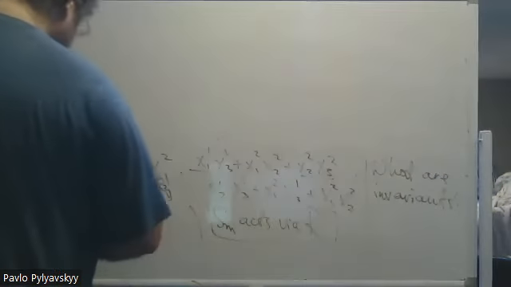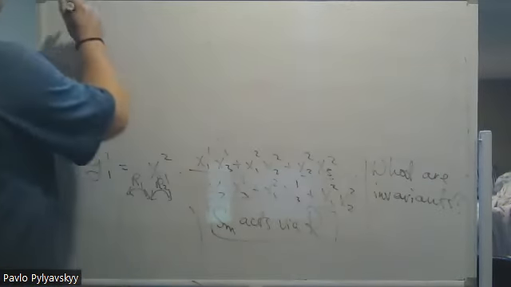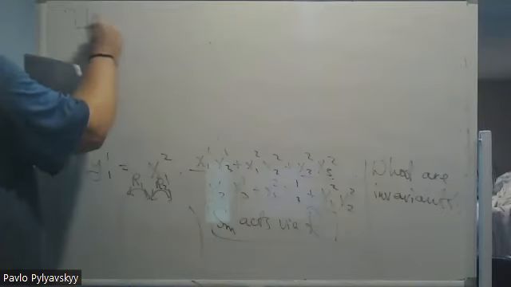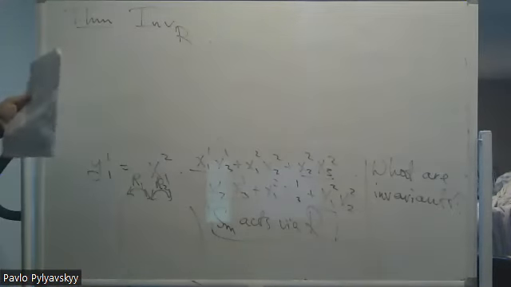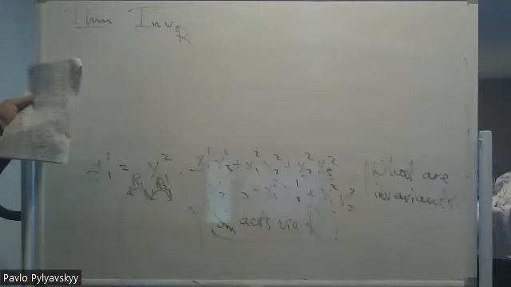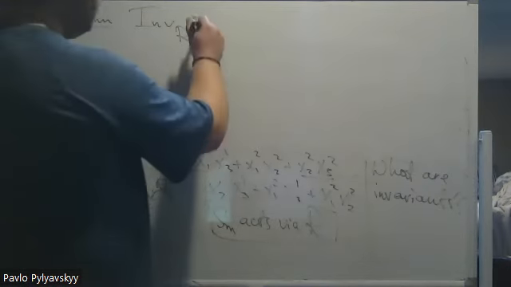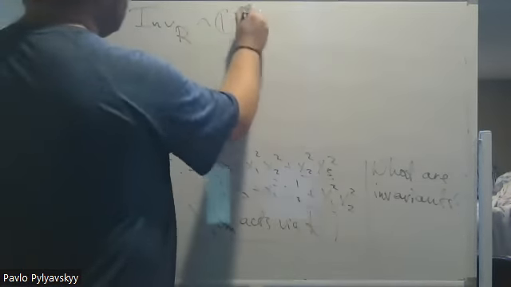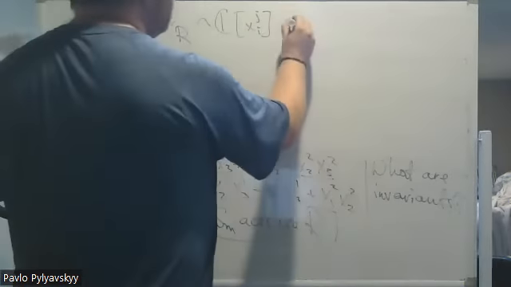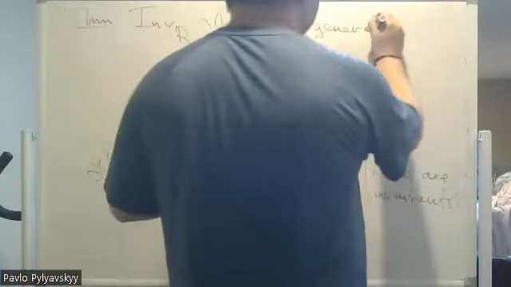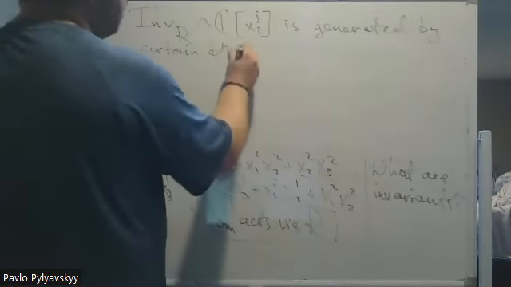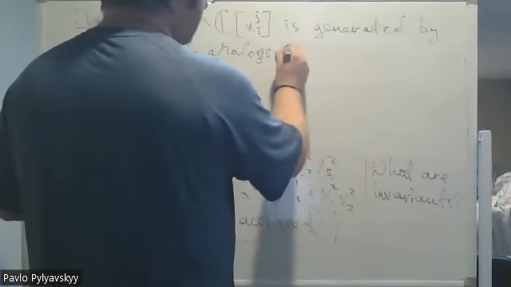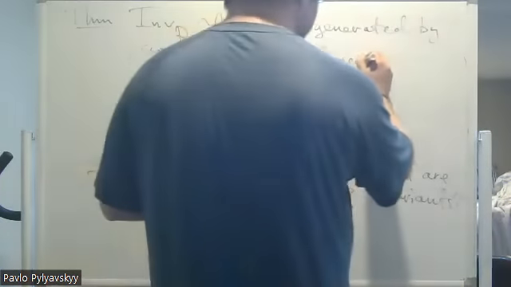So the theorem would be here that the intersection of rational invariants with the polynomial ring is generated by certain analogs of elementary symmetric functions.